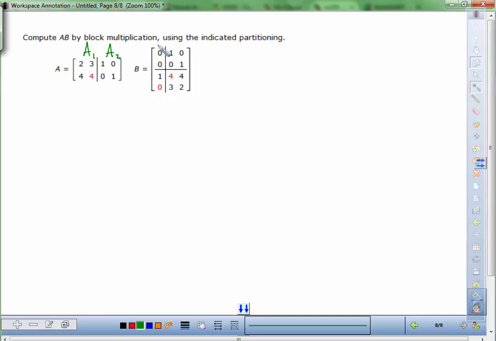And then for your B, let's call this B11, let's call this B12, B21, and B22. So I have A1, A2 as my A matrix that I'm multiplying with B11, B12, B21, and B22.